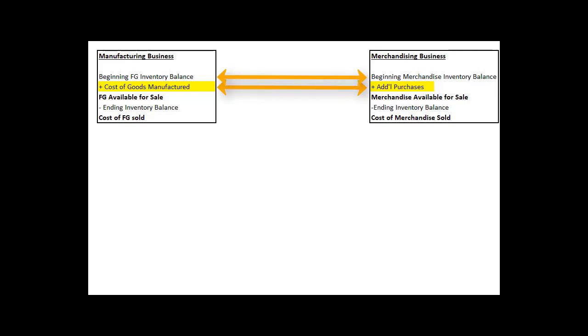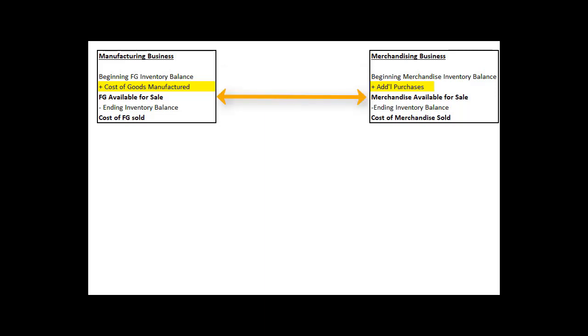As you can see, the formula is very much the same as the merchandising business. The merchandising business has additional purchases that they add to the beginning balance of the merchandise inventory and arrive at merchandise available for sale.